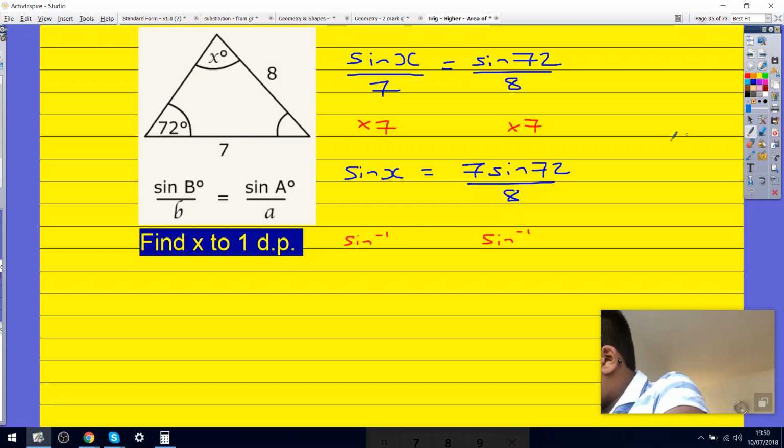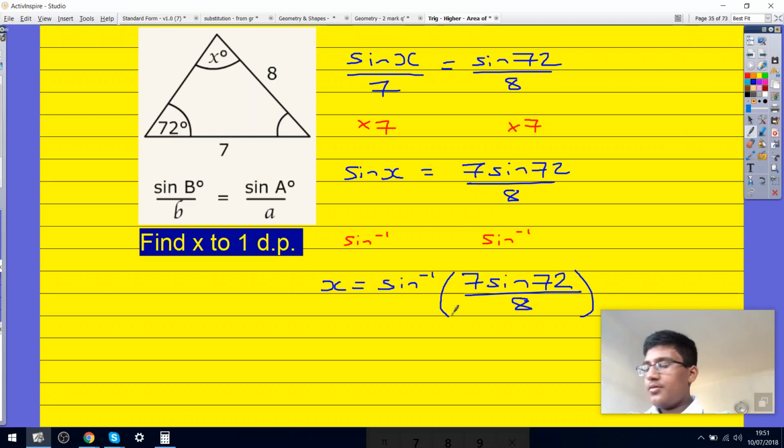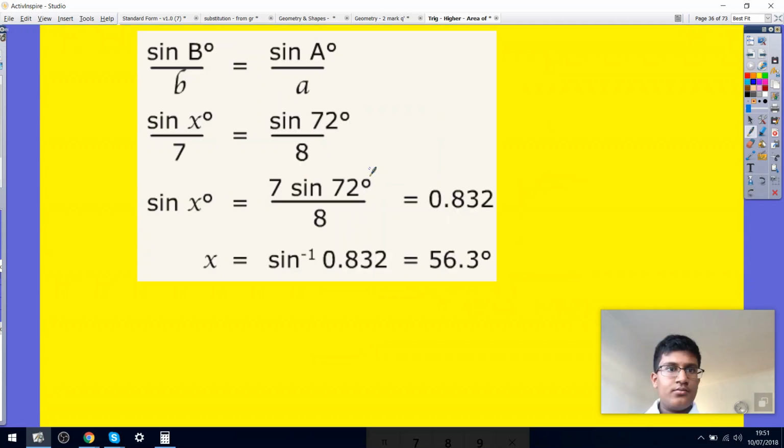And then I'll write that down. And we get 56.3 to 1 dp. That's it. So 56.3.